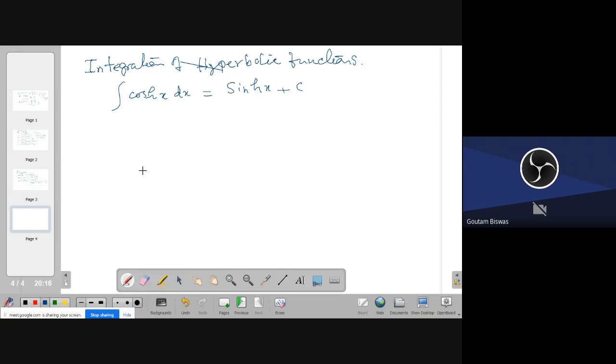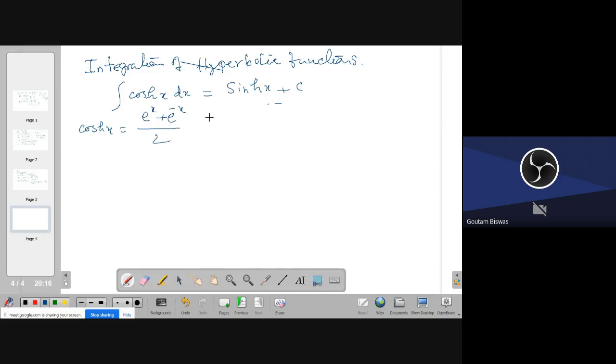Now you know cos hx is equal to e to the power x plus e to the power minus x by 2. So put it here and do the integration, you will get the result.